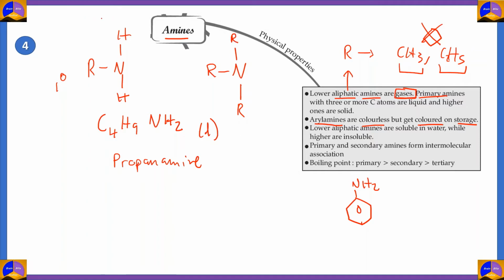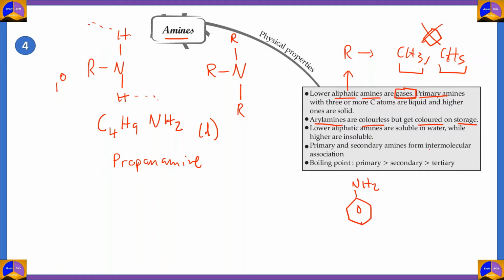Over here, we can form hydrogen bonds with other compounds, for instance with water. So RNH2 is soluble, but R3N, which does not form hydrogen bonds, is insoluble in water.